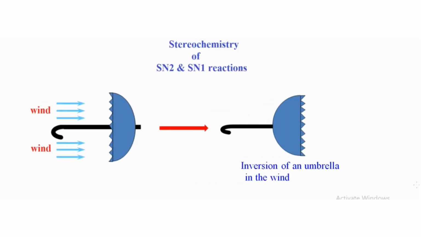Dear viewers, in this class we are going to learn the stereochemistry of SN2 and SN1 reactions. Before going into this topic, you should know how to assign the absolute configuration of any chiral molecule.